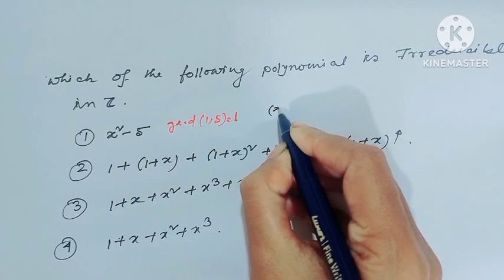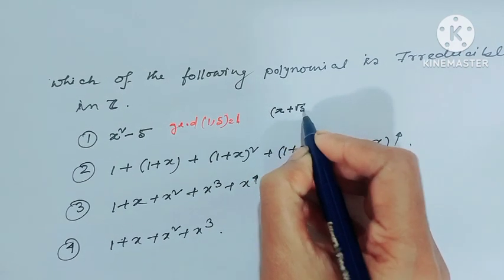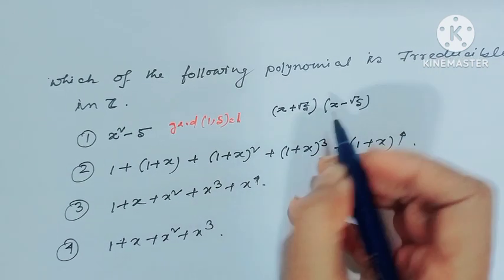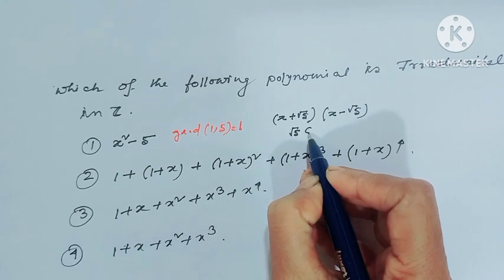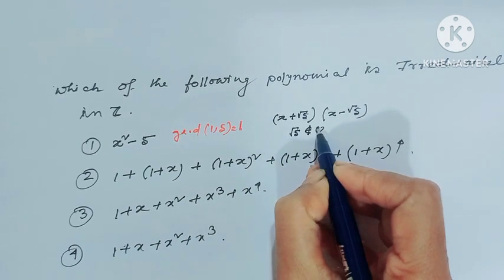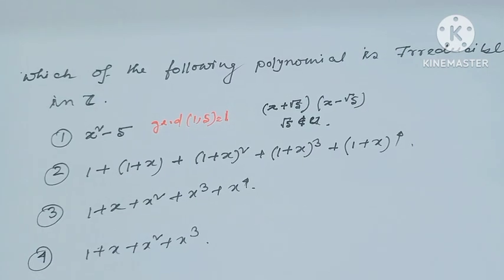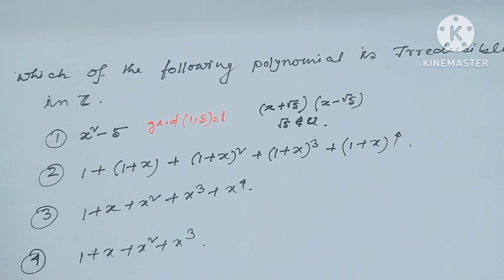Notice here x square minus 5 means (x plus square root of 5)(x minus square root of 5). Since square root of 5 does not belong to the rational numbers, we cannot reduce this polynomial in rational numbers.